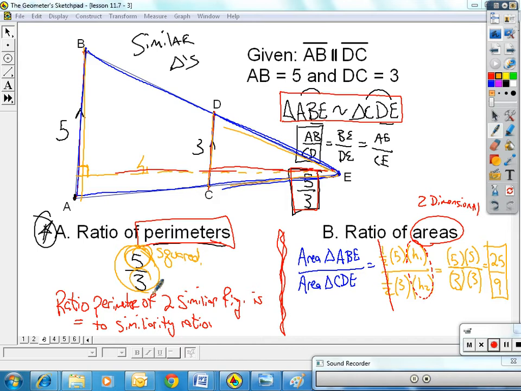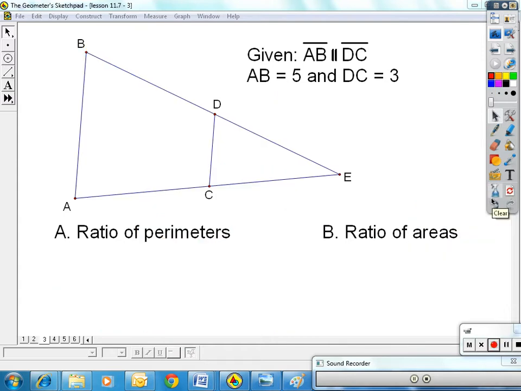What did I do with the 3 to get to 9? I squared it. Here's the lesson. Area is two-dimensional. Perimeter is one-dimensional. So if I'm going to compare one dimension with two dimensions, I need to think about squaring things. Okay? So let's put that into words in the next slide.